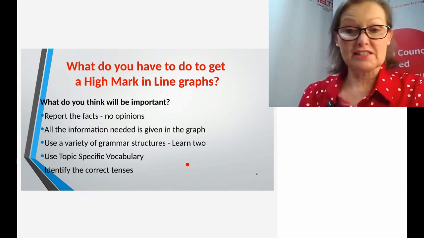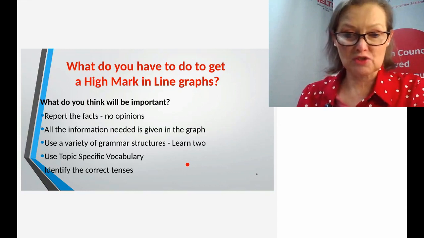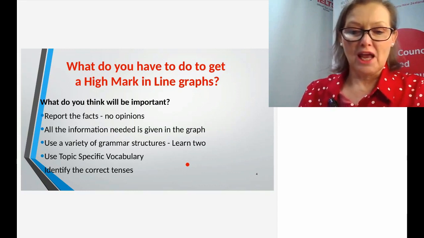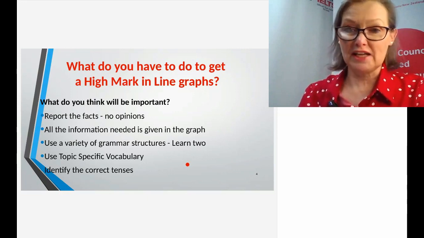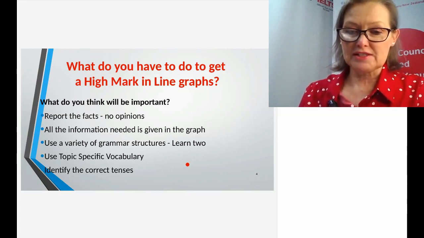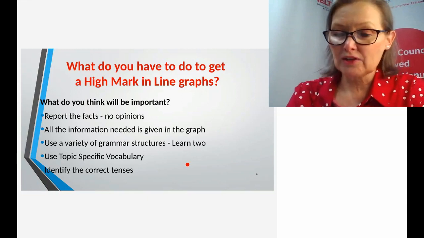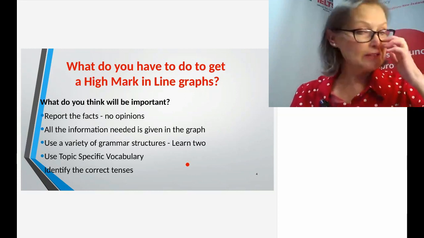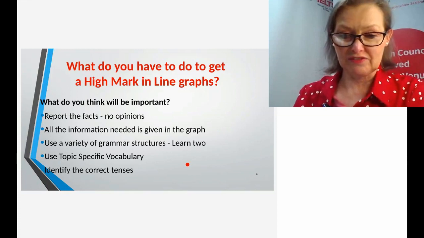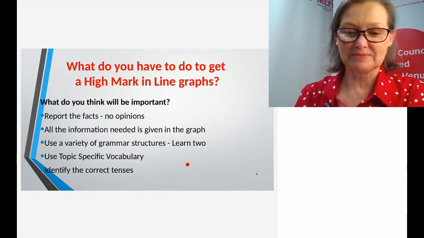And if we do this, it's actually a very simple task to score well in. And of course, finally, we need to be able to identify the correct tense to use, because the examiner can give us a line graph with a number of different tenses. And so we want to be able to use these verbs accurately. And tonight we're going to look at all of these features. So let's start.